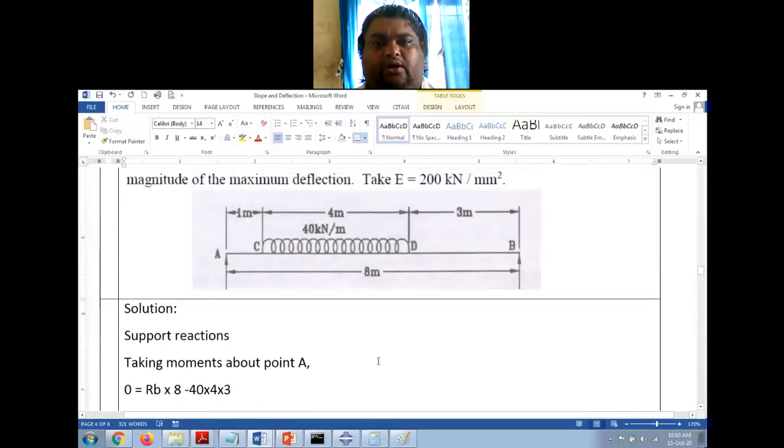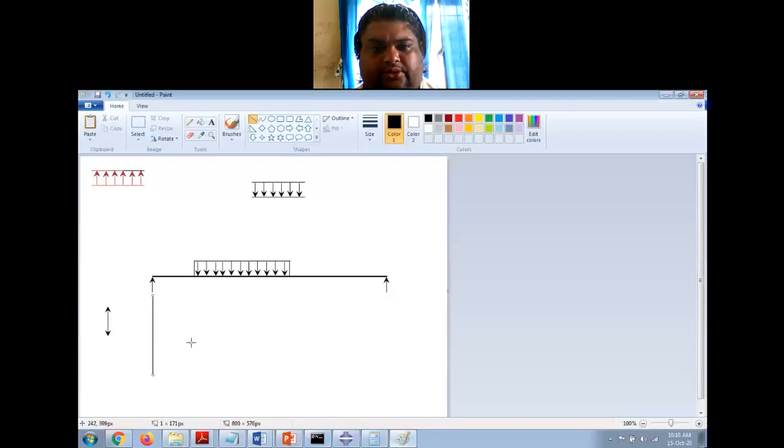Now, what I have to do is consider a section always on the last section of the beam. Since I'm taking A as origin, DB is my last section. If I take B as origin, then AC will be my last section. And beyond X, there should not be any load other than this reaction. So I'm going here.